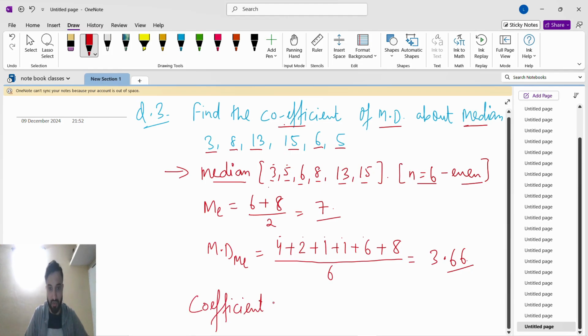Okay. Then the coefficient of mean deviation about median means, first of all we'll take this value, mean deviation about median, 3.66, divided by median, which is 7, into 100.